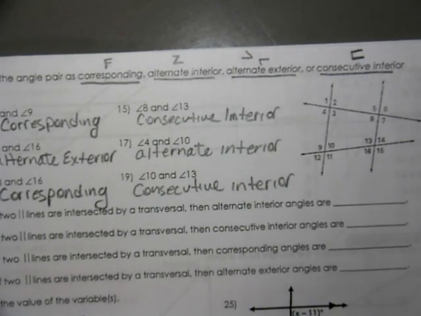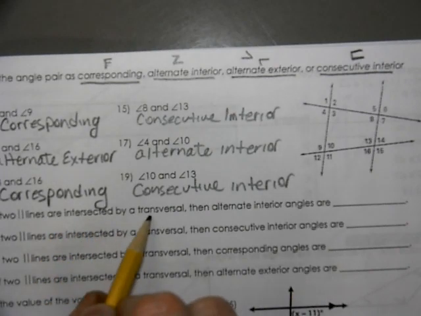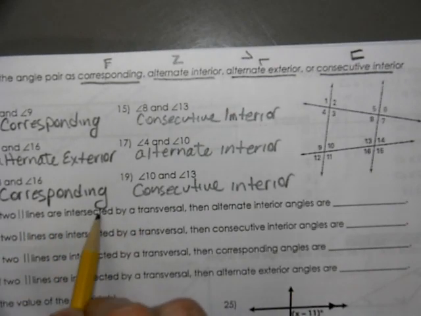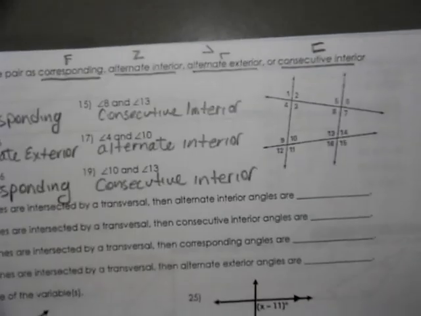Now, for these angles to really mean something, the original lines need to be parallel to each other. And if you're parallel and then have a transversal, these angles start to be made. So if two parallel lines are intersected by a transversal, then alternate interior angles.